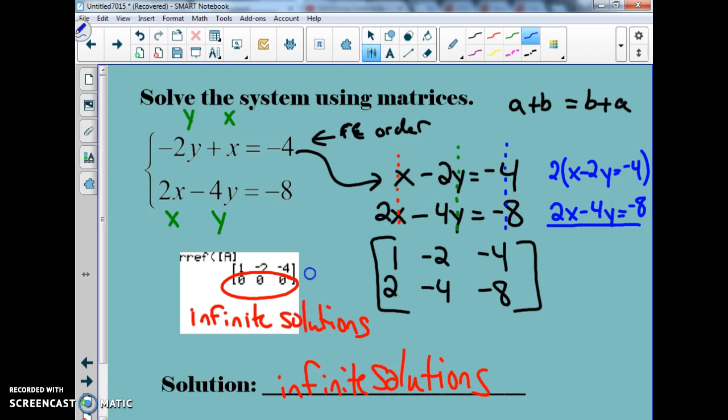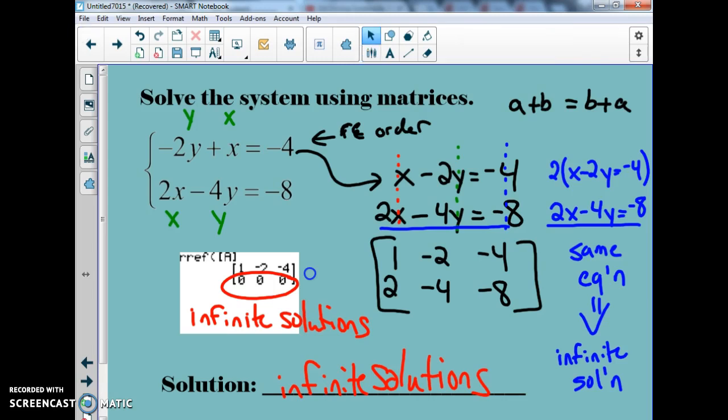As we notice, these are the same equation. If they're the same equation, you have infinite solutions. And again, anytime you see this right here with 3 zeros, it's almost like hitting a jackpot. It's going to be infinite solutions.